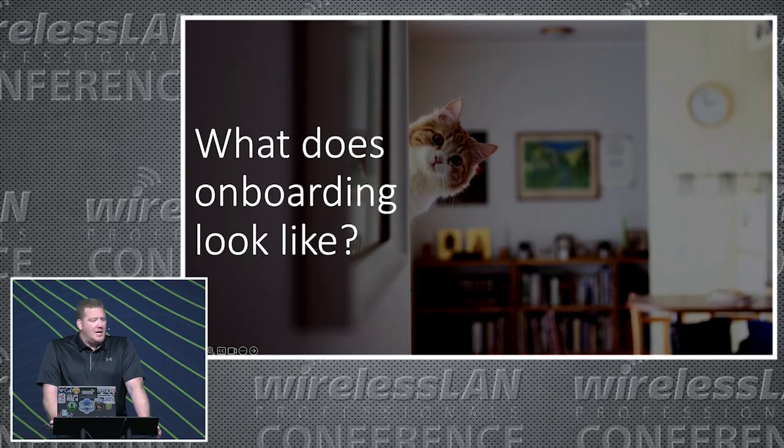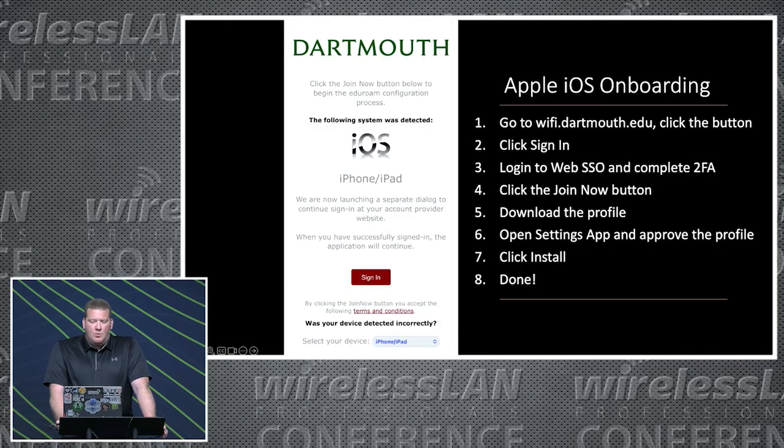What does an onboarding process look like? Well, here's an example for iPhones. Go to the website, click Connect, sign in, download the profile, which is going to contain your unique certificate, and then open the Settings app, approve the installation of the profile on your device. And if at that time you're in range of Eduroam, your device will connect automatically.